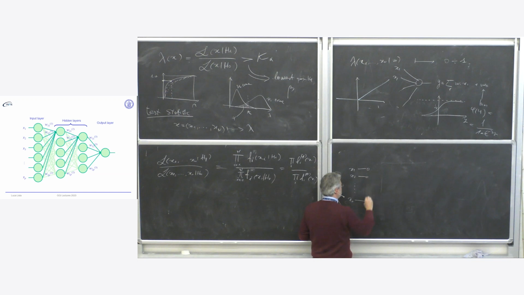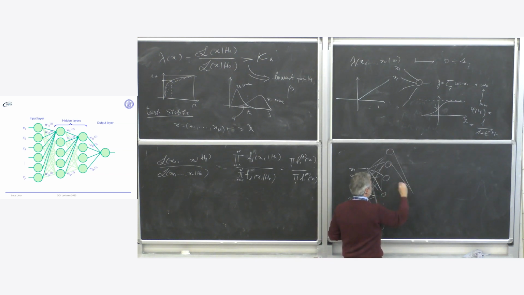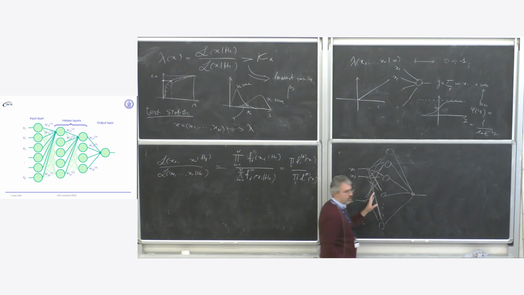These are the inputs. And then you have a number of nodes which is sufficiently large, and so on. You can basically approximate any possible function if the number of nodes is sufficiently large.